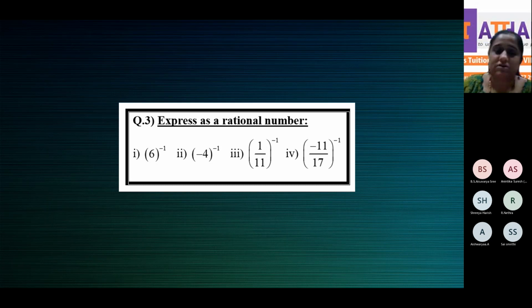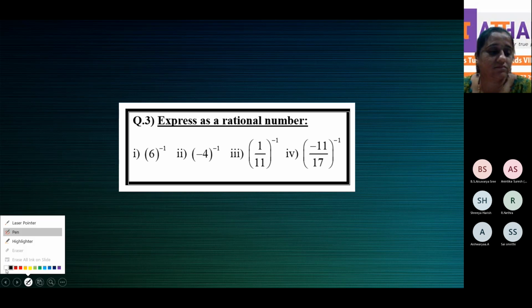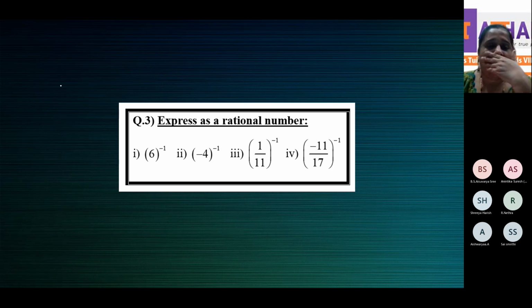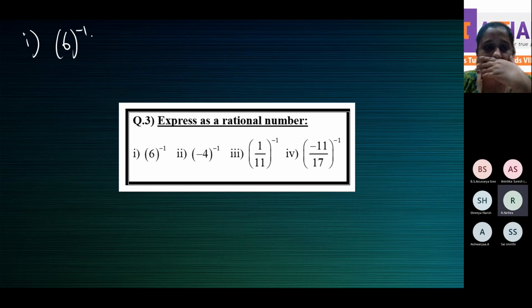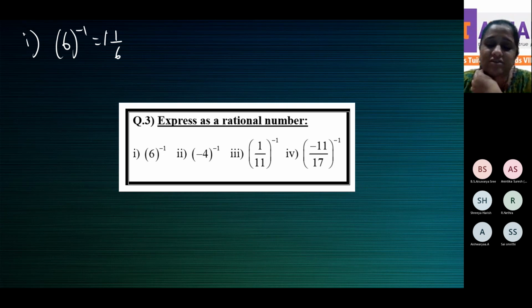Express as a rational number. Netra, first one. Miss, it's 1 by 6, 6 to the power minus 1, is it?